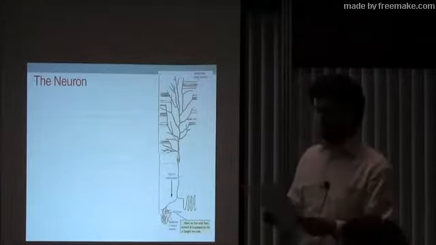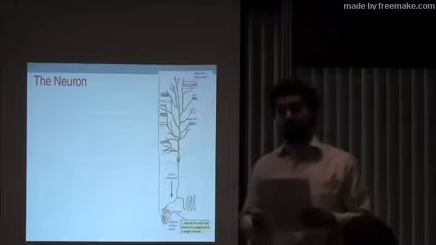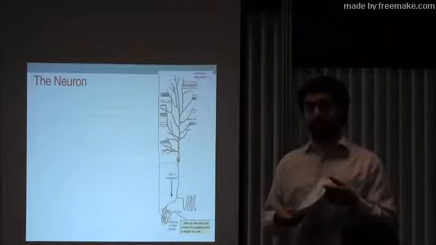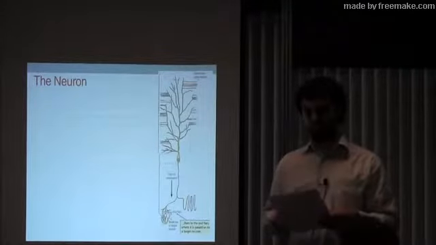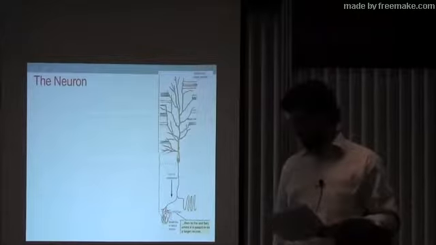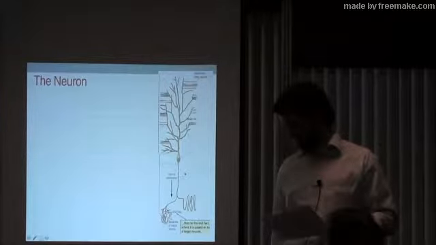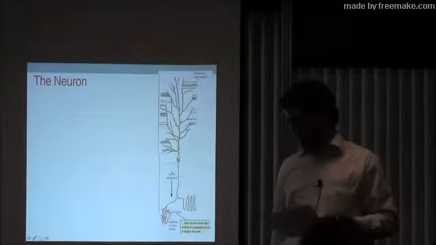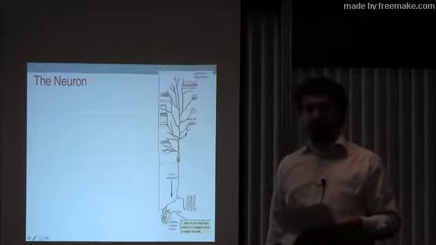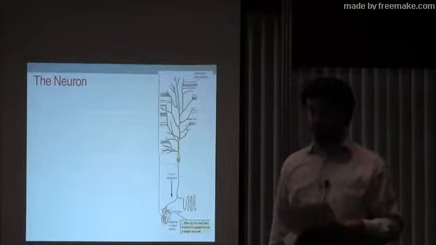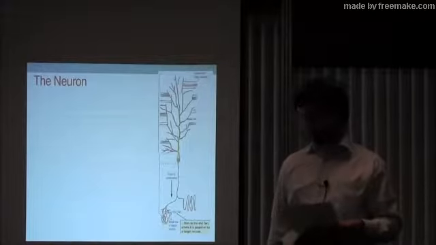What about the neuron? What are the different parts of a neuron? So this is the axon. This is the dendrite, and in the middle is the cell body. Why is this the axon and this the dendrite? Okay, good point. What else?